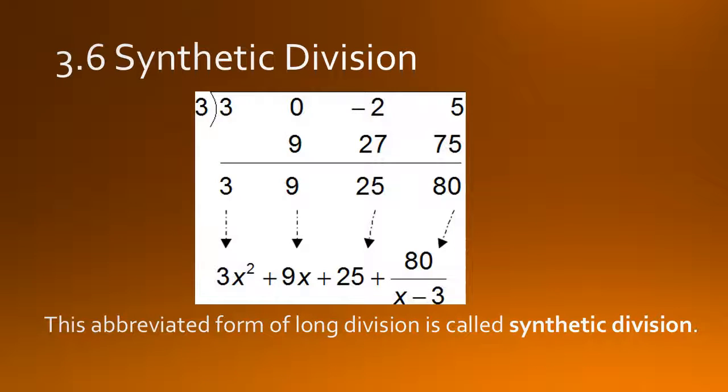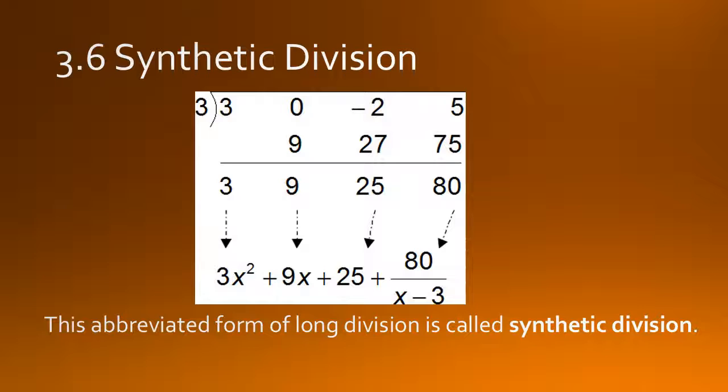Example of synthetic division. Now what we did is we put the 3 on the outside, and it was x minus 3, so you always go with the opposite sign. We put the coefficients of the polynomial we're dividing into 3, 0. Remember we had that placeholder, -2 and 5. And then to remember the process, what you do is you bring the first number down, so the 3 comes straight down.